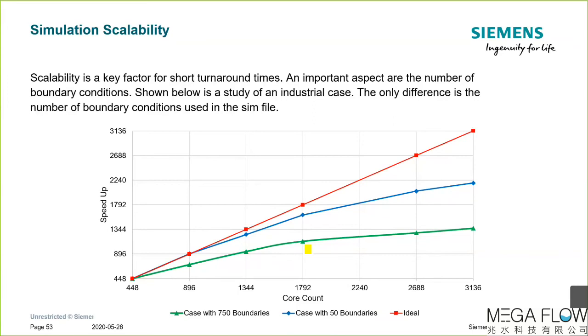One of the best practices is really to streamline your SIM file to make it sleek and smooth, so having a minimum number of boundaries, for example. When you look at the green line here, we have 750 boundaries. I would assume this is just input the geometry, assign parts to regions, and you get a boundary for every surface. But then one of my colleagues condensed down the number of boundaries, and you can see here that the overall scalability is much better.